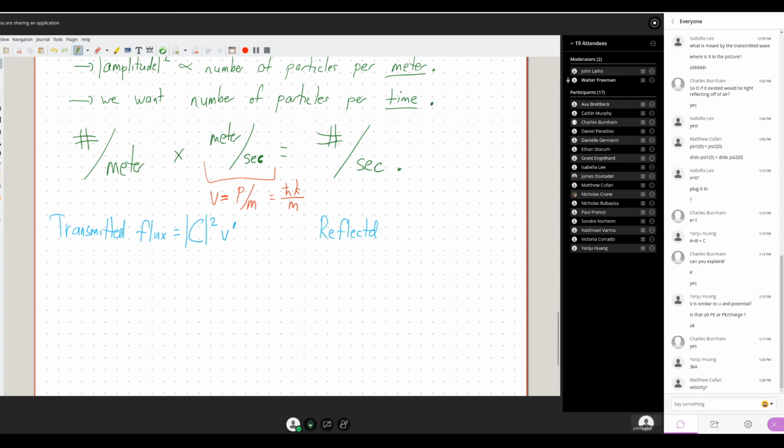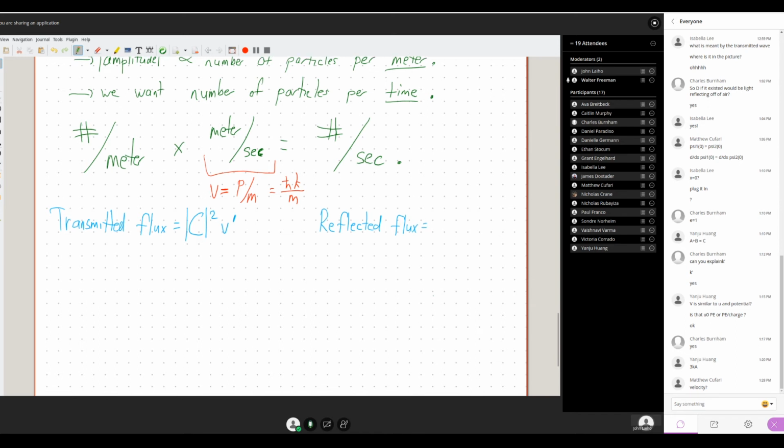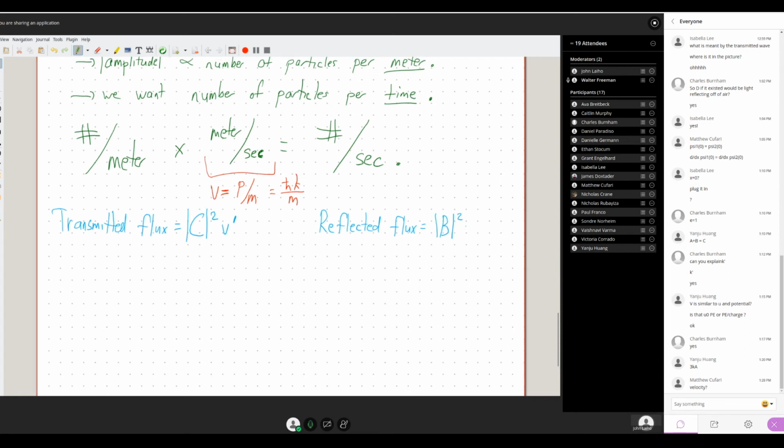The reflected flux is going to be b squared times v. Remember, the velocity is different in different places, where v is h bar k over m.